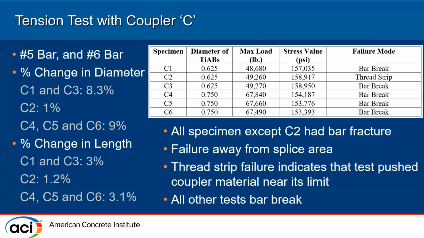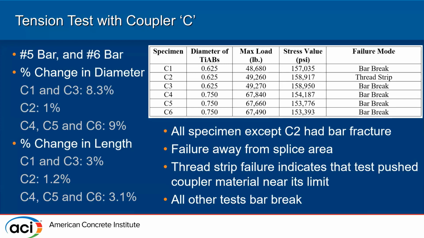So basically we tested 6 specimens with this particular coupler. All 6 specimens except specimen 2, or C2, had the bar break failure away from the splice region, and C2 had the thread strip failure.